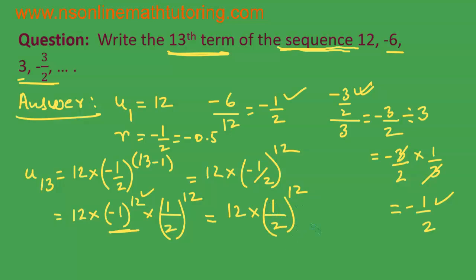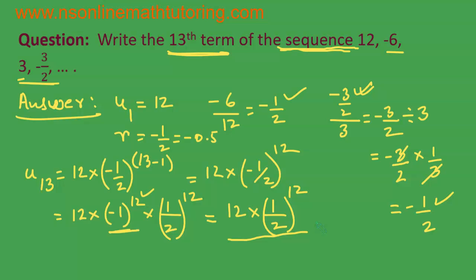And if it is a question from the non-calculator paper, your final answer will be this one. But in case this is a question from the with calculator paper, you can use your calculator to find a decimal value for the 13th term.